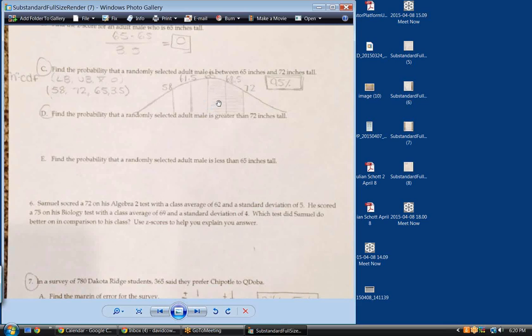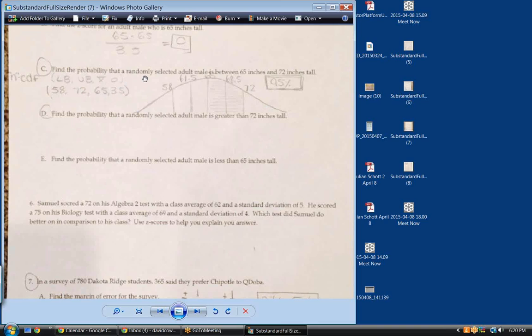Okay. 95% of the area is within 2 standard deviations, from there to there. And if you go out 3 standard deviations, you get 99.7%.